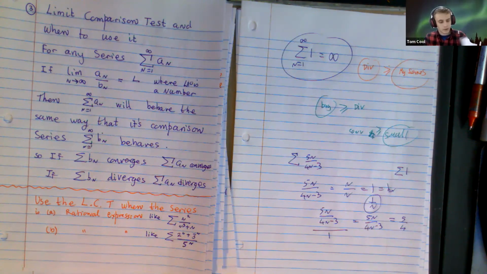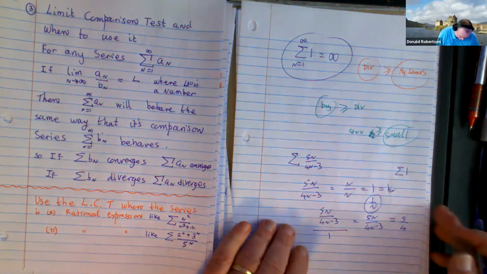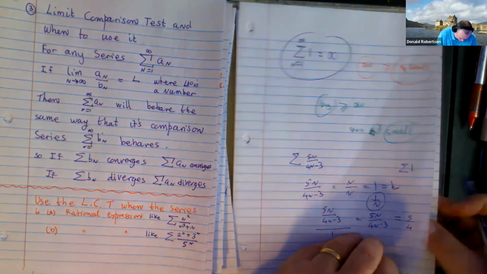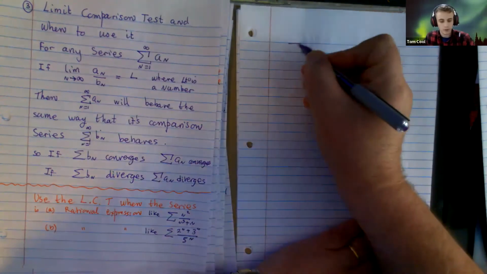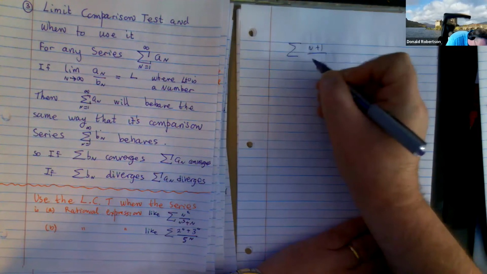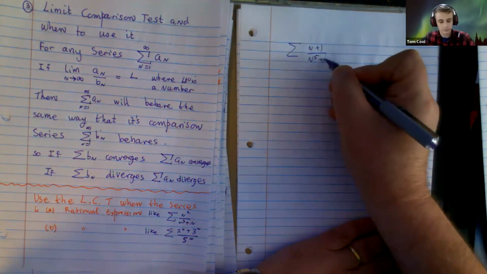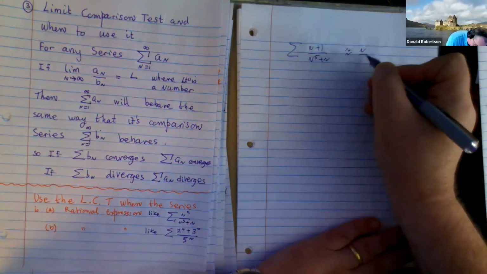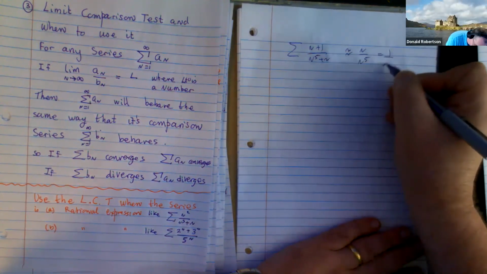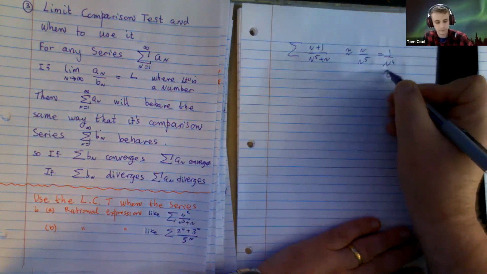Yeah, it would, but I'm looking at other problems that are similar, like for instance, number 9. What's in 9? The sum of n plus 1 over n to the 5th plus n. Okay, so that behaves essentially like 1 over n to the 4th. And we know that converges, don't we?